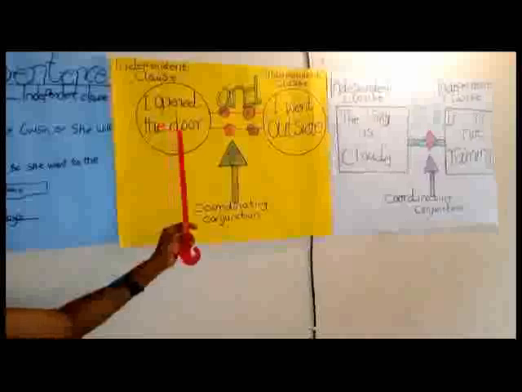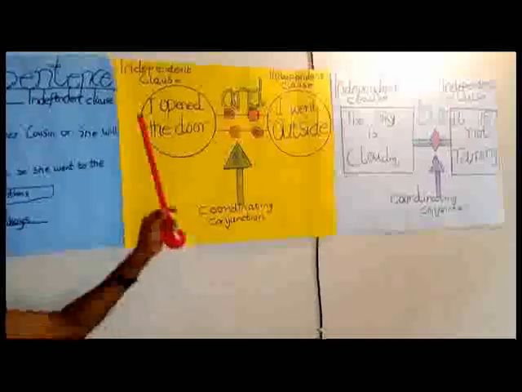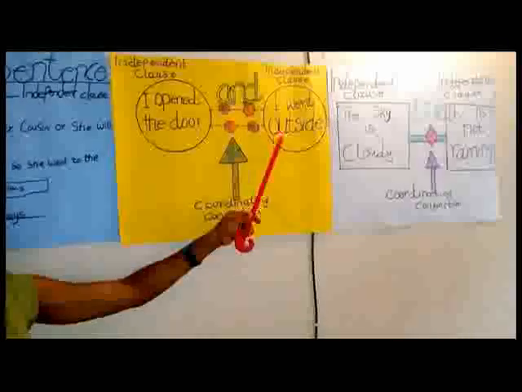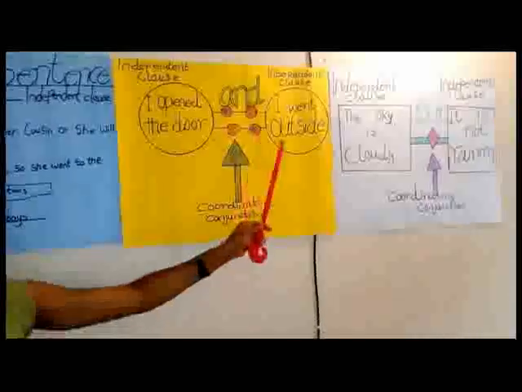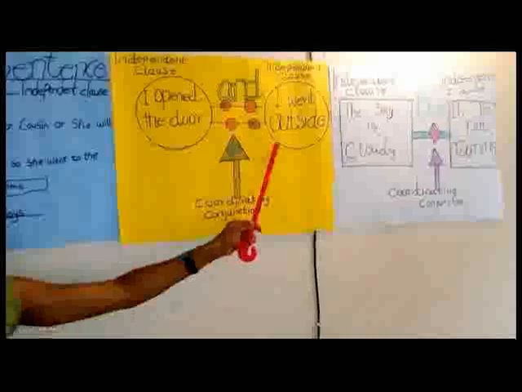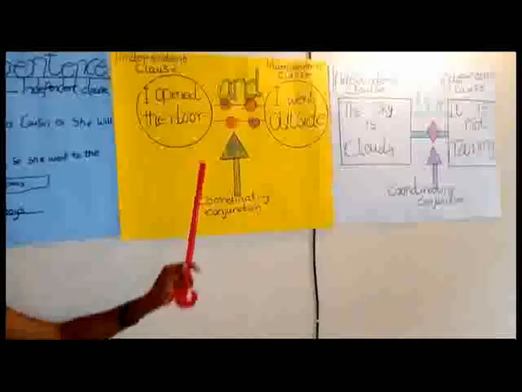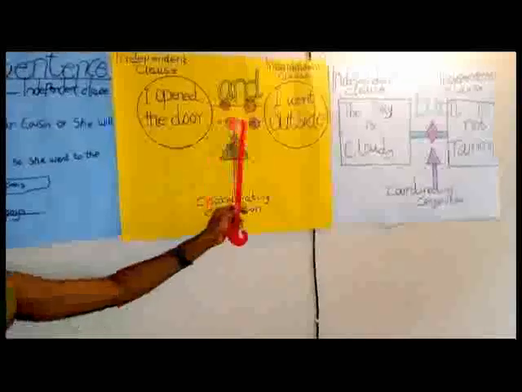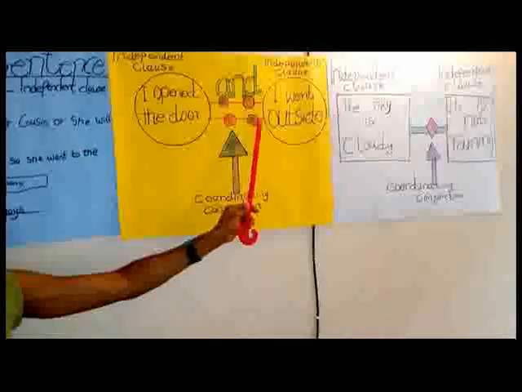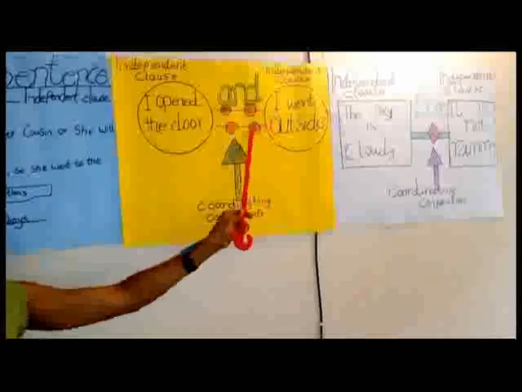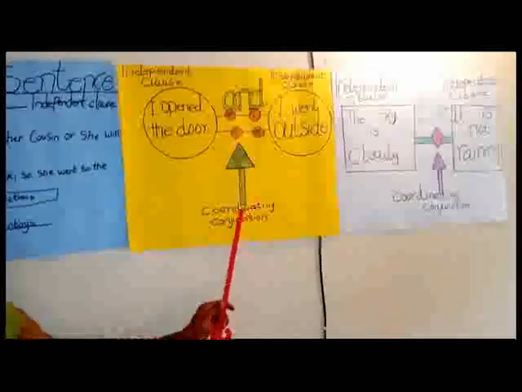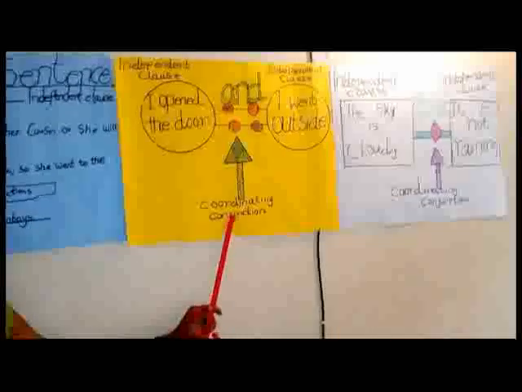Now, we are going to combine them together by saying, I opened the door and I went outside. That is now a compound sentence. And this "and" is used as a conjunction to link the two together. Alright? So, "and" is the coordinating conjunction.